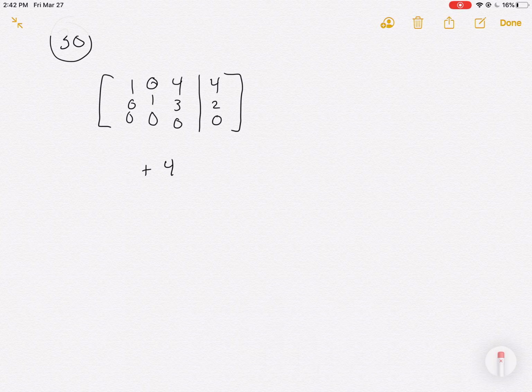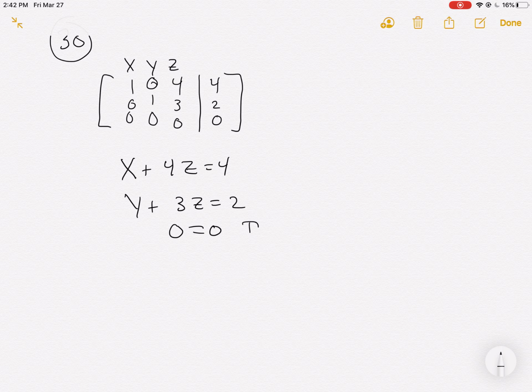They're not going to call them x1, x2, x3, because they're going to call them x, y, and z. They're going to say x plus 4z is equal to 4. And then we know y plus 3z is equal to 2. And take a look at what's last. 0 equals 0. That's a true statement.